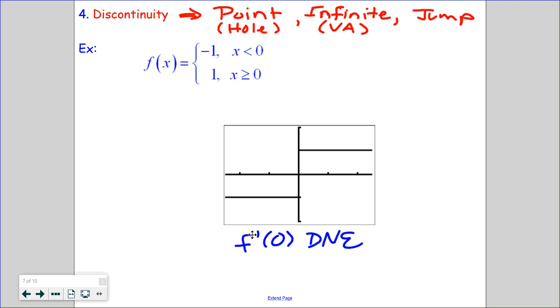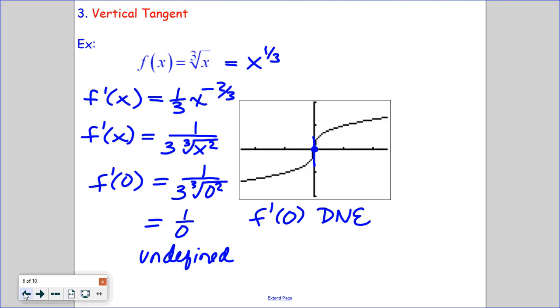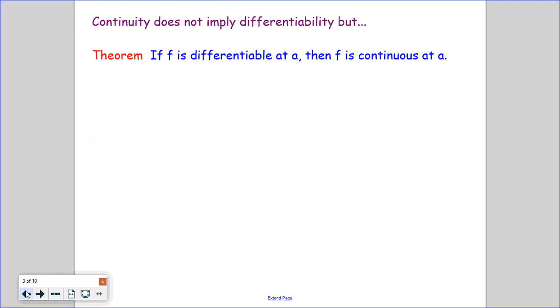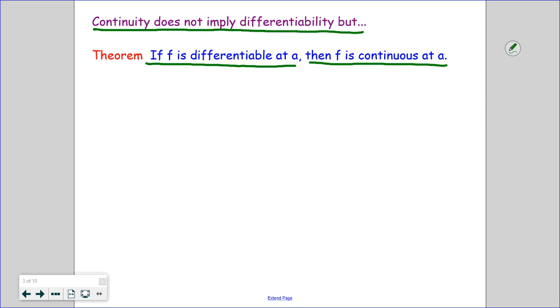Now that you know the cases where a derivative does not exist, there's an important relationship between continuity and differentiability. And it works like this. If f is differentiable at a, then you know f is continuous at a. Because we just said if there's a discontinuity, then the function is not differentiable at that point. So if you know the function is differentiable, then you can make the conclusion that the function is continuous at that point. But it doesn't work the other way around. Continuity does not imply differentiability.